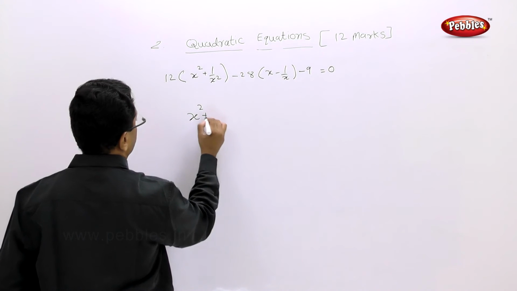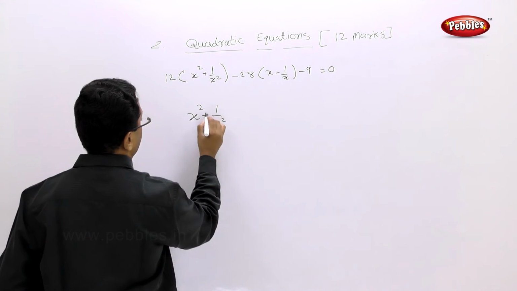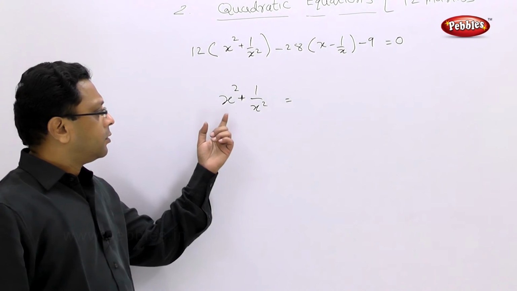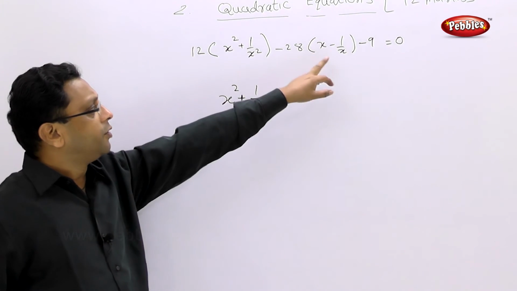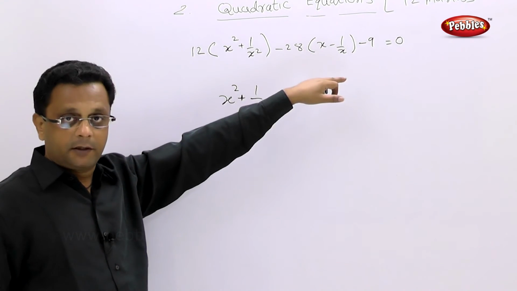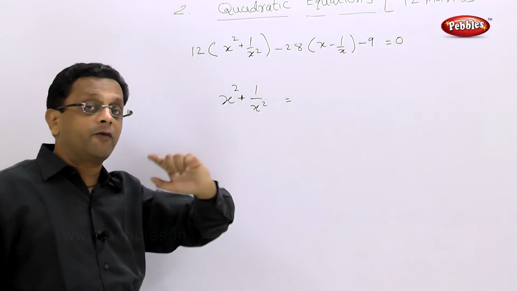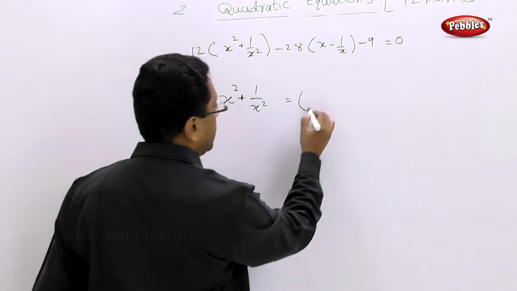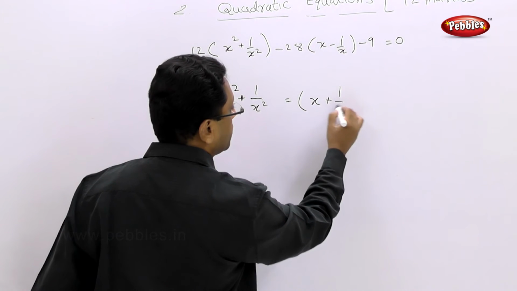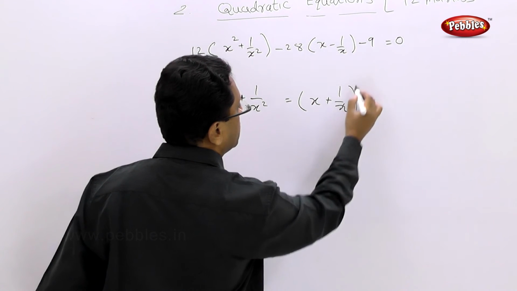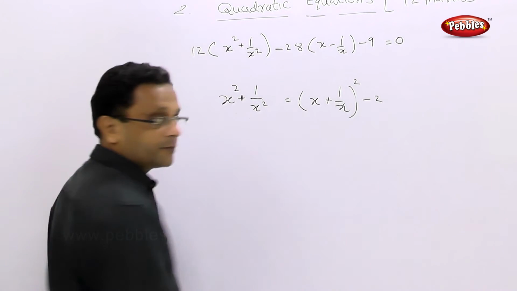x square plus 1 upon x square, whenever you have this, sometimes we want x plus 1 upon x, sometimes we want x minus 1 upon x. So we should be prepared for both. If it is x plus 1 upon x, then it is bracket square minus 2.